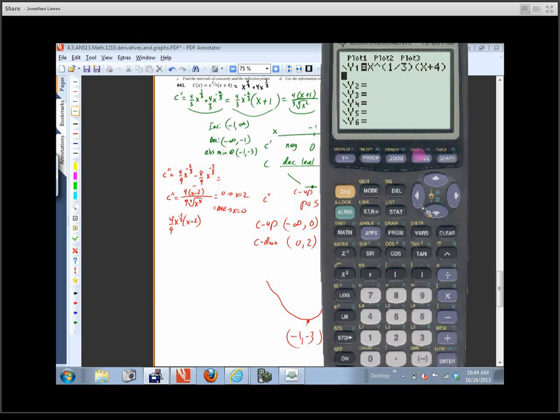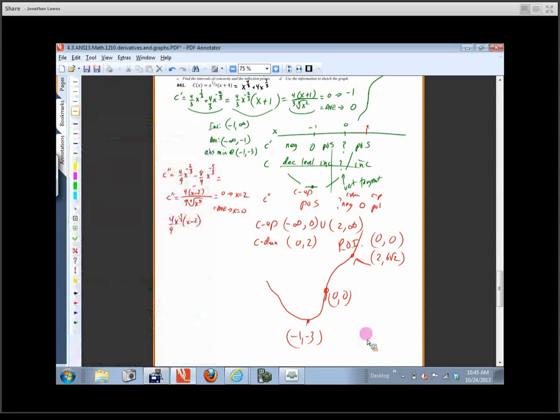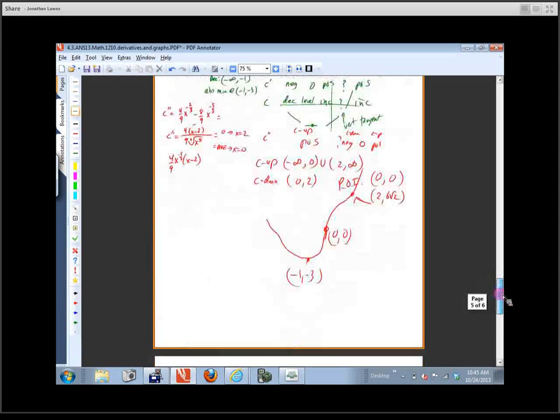And I'll hit zoom 6 so we can get a big picture of this. That looks good so far. Turns around, goes like that. Does that look like what we have here? And it does look like it's concave up. It does look like it curves around like this just a little bit. We could maybe zoom into different parts, change the window so we could see that curvature to the graph and stuff like that. Okay. Tough problem though.